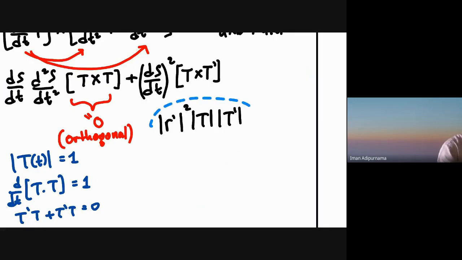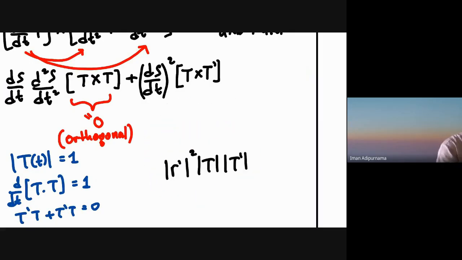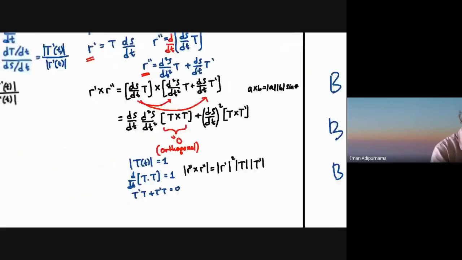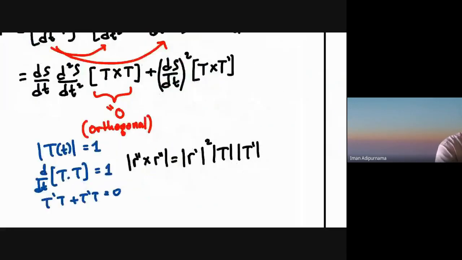Maybe I'll write a bit below here, and write the left part is the r prime and r double prime, or r prime, sorry.